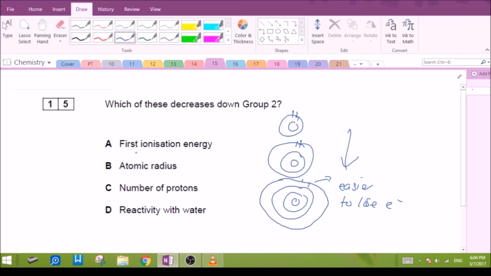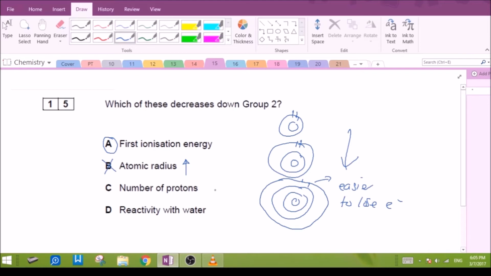The ionization energy gets decreased. Right, the higher the ionization energy, it means that the more difficult it is to lose that first electron. Let's look at the other options that are wrong. Atomic radius: because we are adding one more shell, the atomic radius should be increasing down the group.